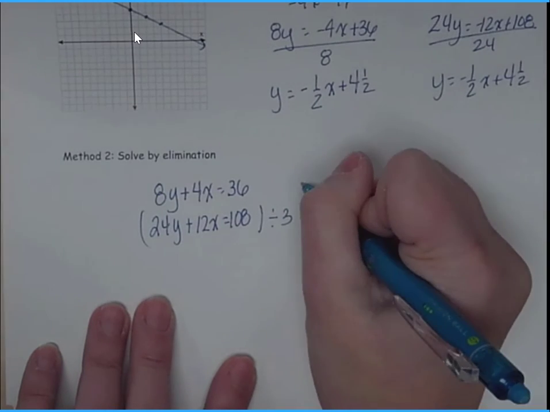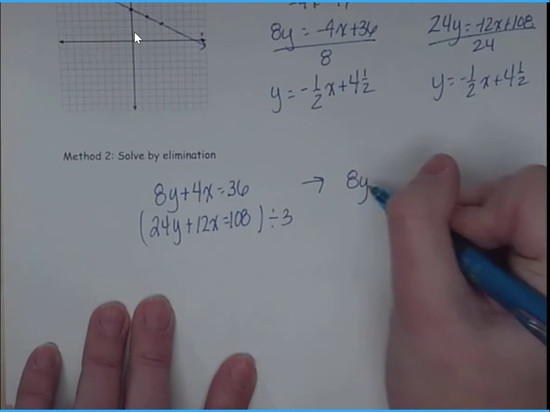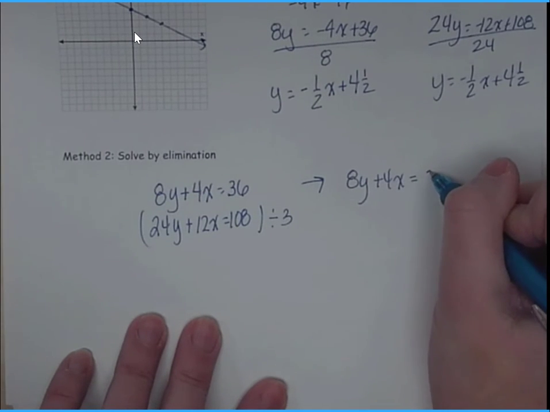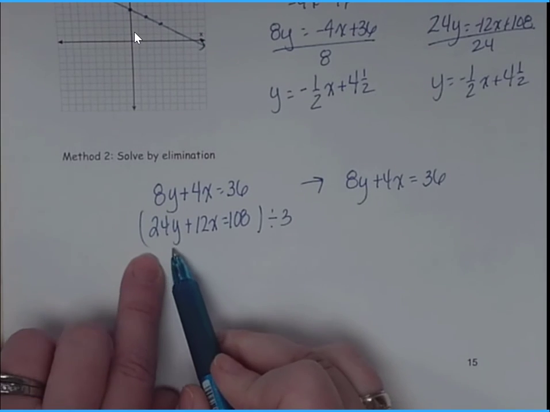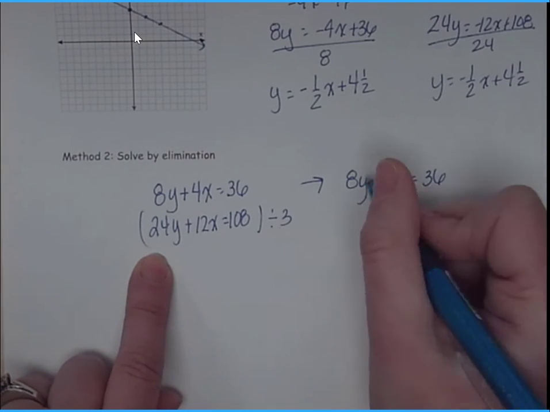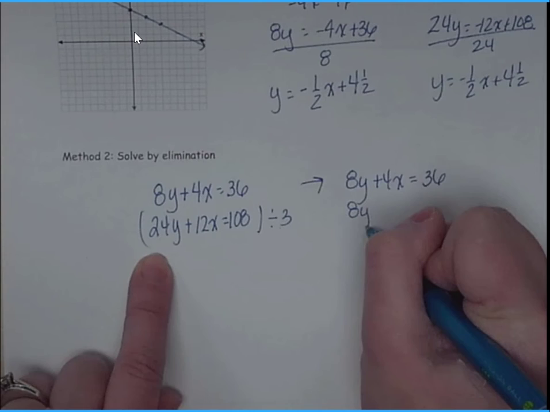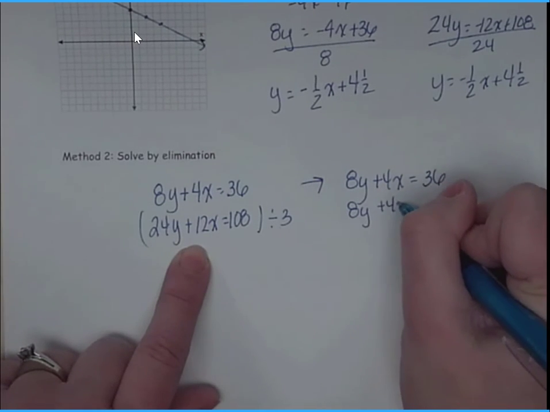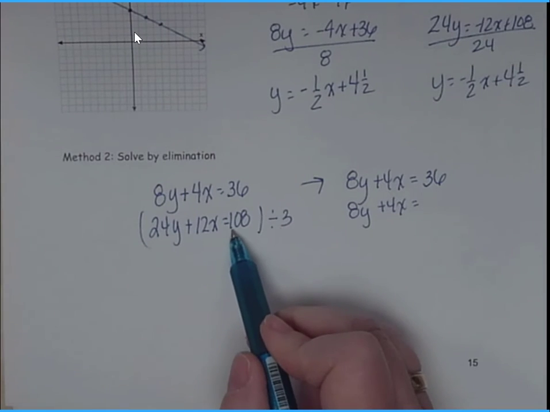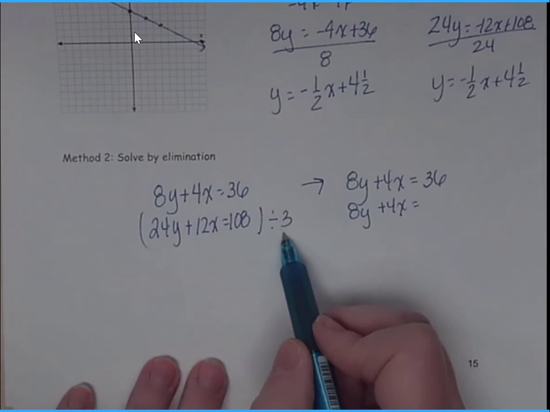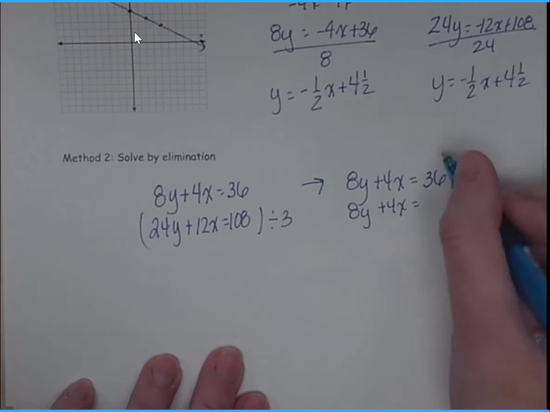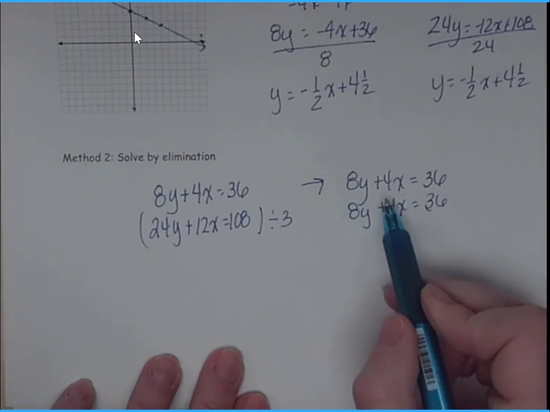I want to show you that there's so many different great ways to solve these equations. So 24y divided by 3 is 8y. 12x divided by 3 is 4x. And I know the sum of the digits of 108 is 9, which is divisible by 3, and 108 divided by 3 is 36.